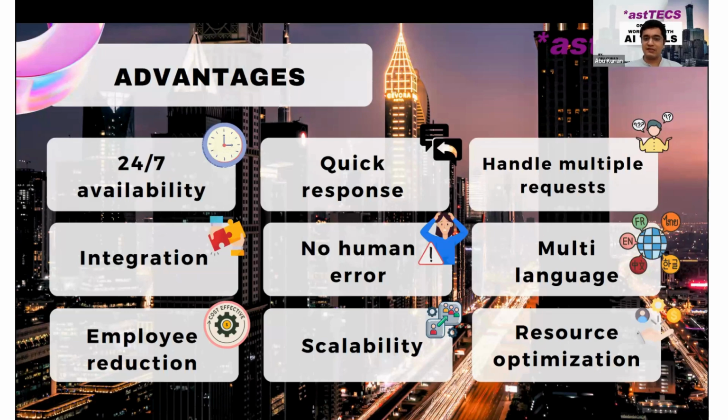Now, scalability. Today, say you're a 5-member team and tomorrow you grow to a 30-member team. Getting the extra 25 people would be a huge task in terms of HR, in terms of your top management, everything.